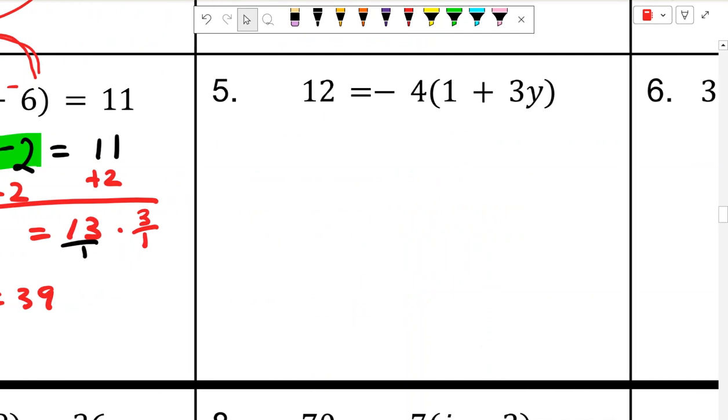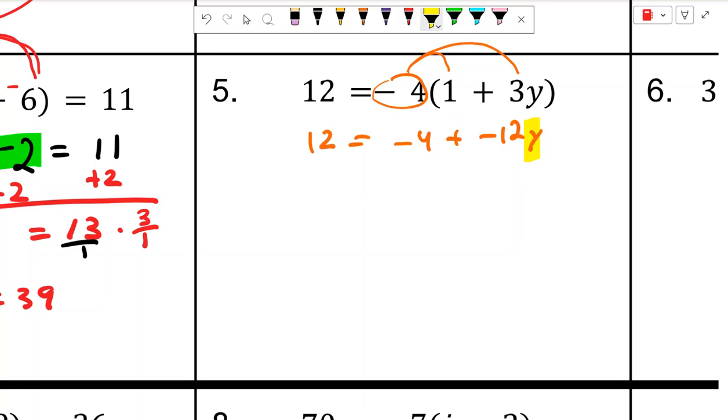Okay, moving on here to the next one. Finally, no subtraction signs to deal with, so we're going to move right into the distributive property. Catch this negative sign here. It's a negative 4 times the 1 and a negative 4 times 3y. So that's negative 4 plus negative 12y. We locate that variable.